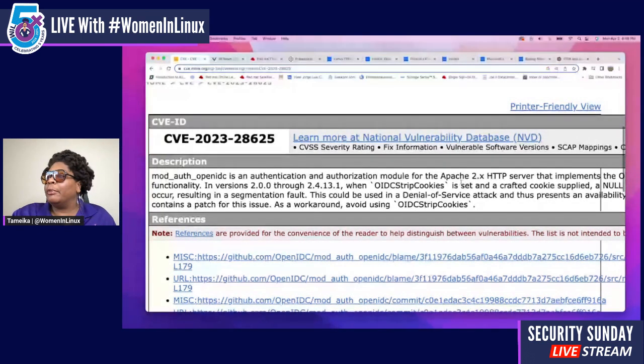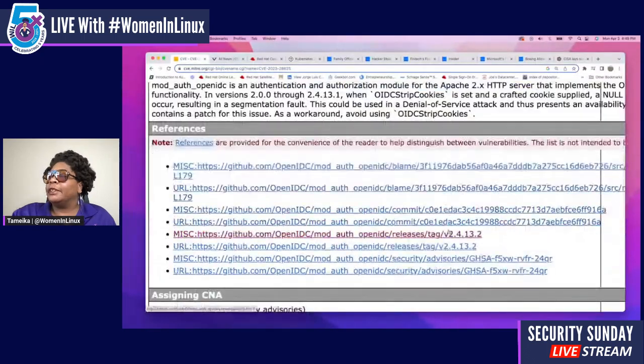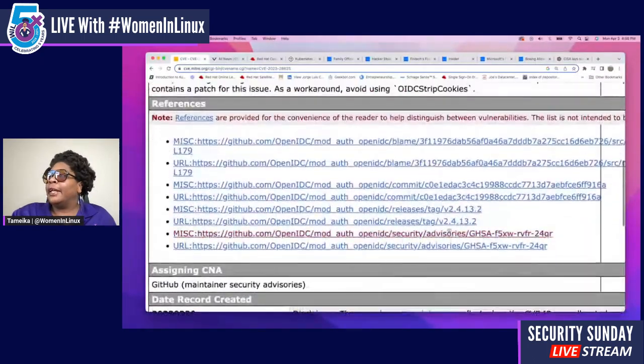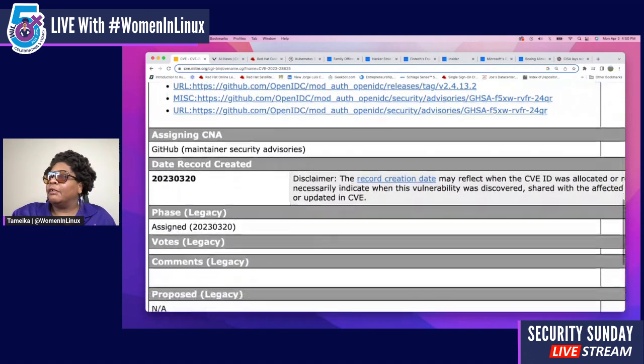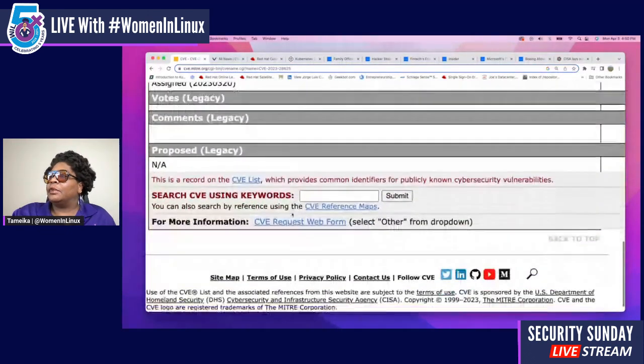They give you a little more information and references, which are provided for the convenience of the reader to help distinguish between vulnerabilities, like GitHub assigning security advisories and so forth.